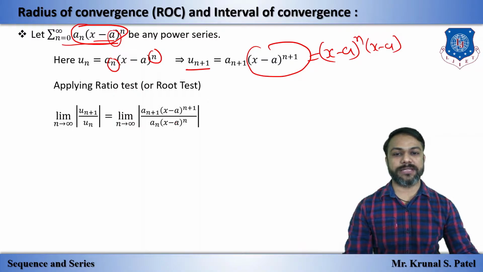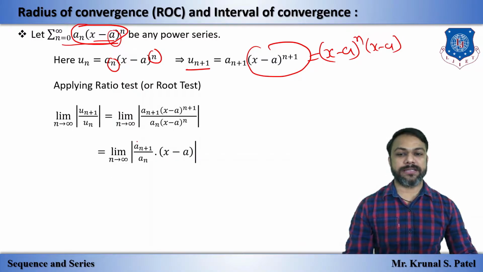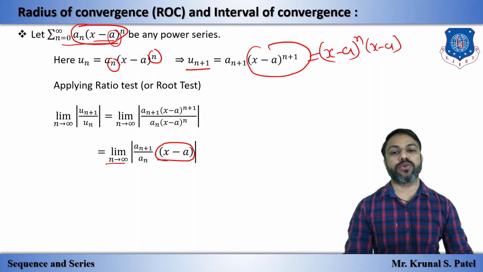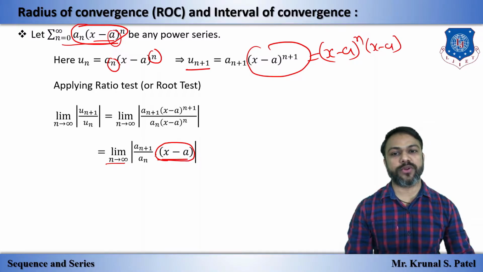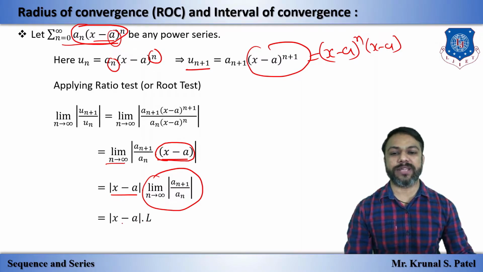By canceling this term, we have x minus a remaining, and the rest as it is. We can take this outside because it is free from n. If this term goes out of the magnitude, it takes the magnitude, and we have this remaining term. We will find the value of this, and suppose the value of this is L, so we have mod x minus a times L.